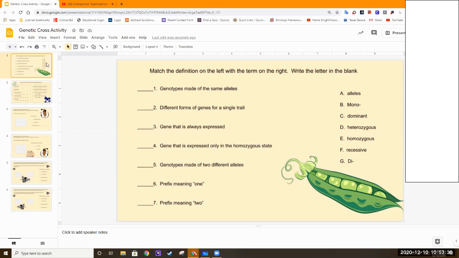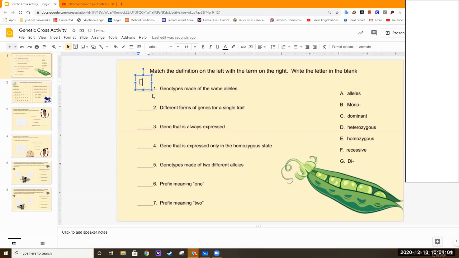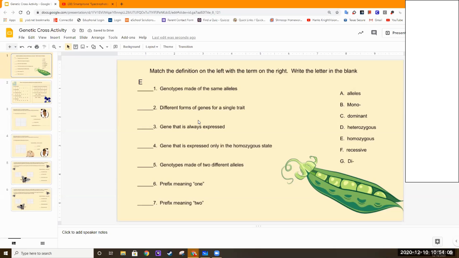And then all you're gonna do is here, I have the terminology or the words that you guys should know. So for this one, genotypes made of the same alleles. When they have the same, what do we call them? Do you guys remember? If they're capital, capital, or lowercase, lowercase. Thank you, Alexa. We are homozygous. So then you would put an E. Okay? And then you would go to the next one and you would figure it out. Thank you, Robert.